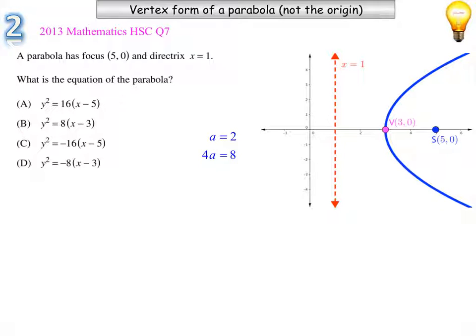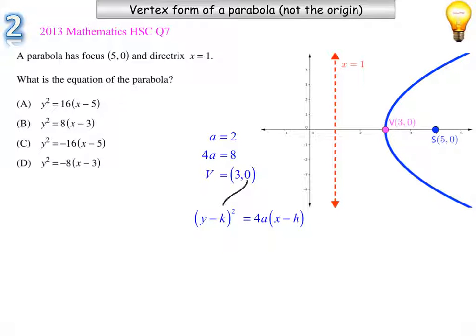So 4a is what we need for our equation, which is 8. Writing down our vertex, this is the h value, this is the k value. Now it's in the form that it's concave right, because it has a positive 4a. So then it's going to be the y value squared.